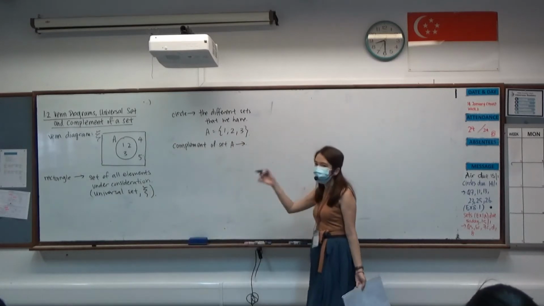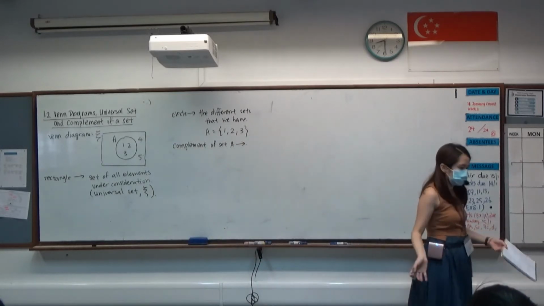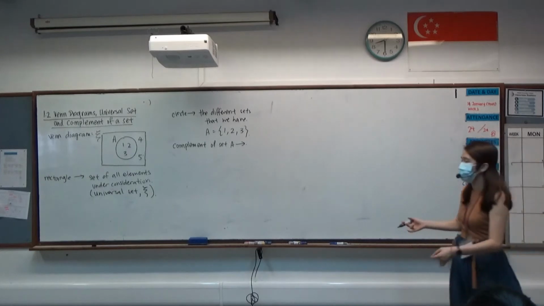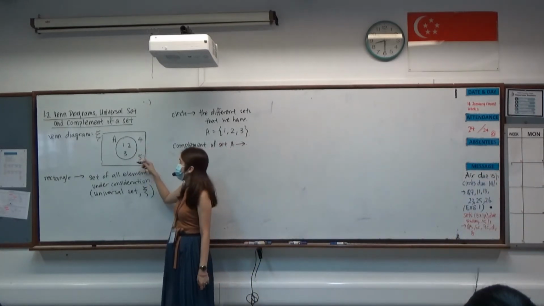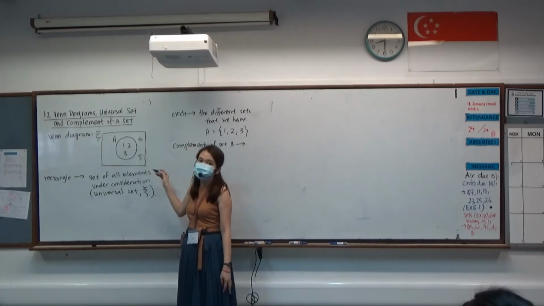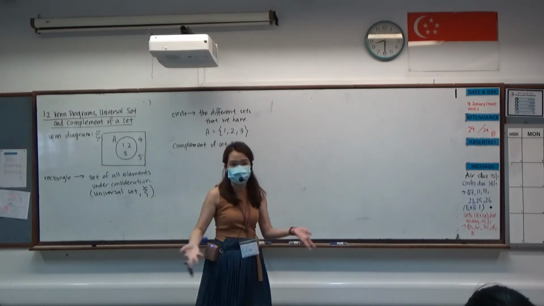If you're just trying to draw the circle to exclude certain things, this is what is happening. If I define A to be the set containing 1, 2, and 3, we are excluding 4 and 5, which are found in the universal set.